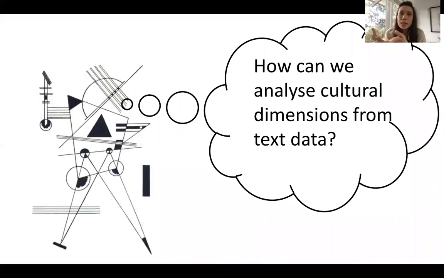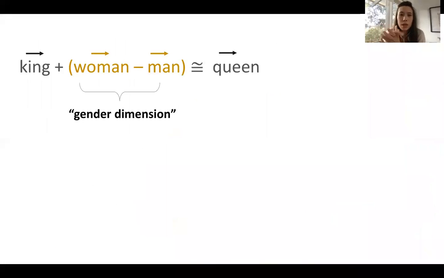And the really interesting methodological question that this paper speaks to is how you can analyze cultural dimensions from text data. So going back to this analogous reasoning example that I mentioned, one way to interpret this woman minus man vector term is as a gender dimension.